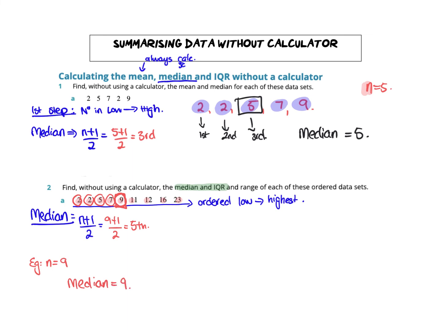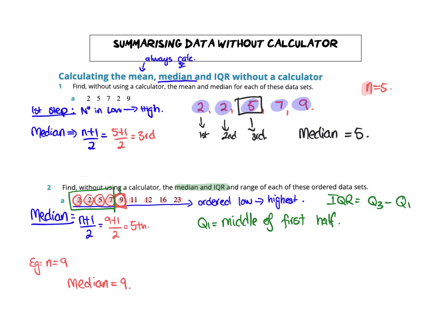Now we've got to find the IQR. The IQR is Q3 minus Q1, okay? So you want to find Q1, which is the middle of the first half. If you think about it, the 9 is the median. This is my first half, so we want the middle number of those numbers.